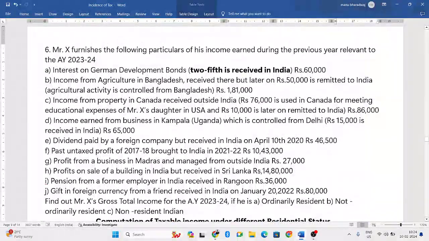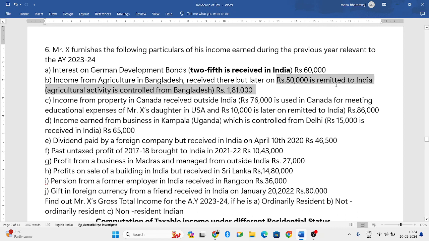Next. Income from agriculture in Bangladesh received there, but later 50,000 remitted to India. So always ignore the word remitted. Do not consider that. The total income is how much? Total income is 1,81,000 and it is from the income from agriculture in Bangladesh.